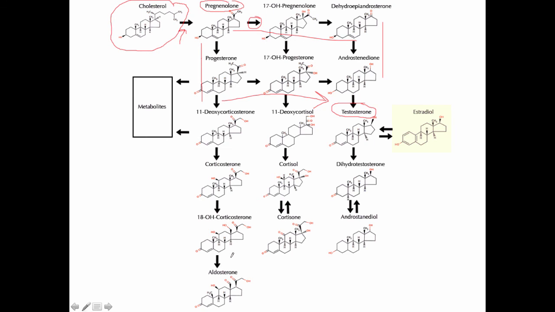The same is true, let's say, if you want to make aldosterone. If you're the adrenal cortex, you want to make aldosterone. You have to first make pregnenolone, right? So pregnenolone is the first intermediate. And then you have to produce corticosterone and go down, right?